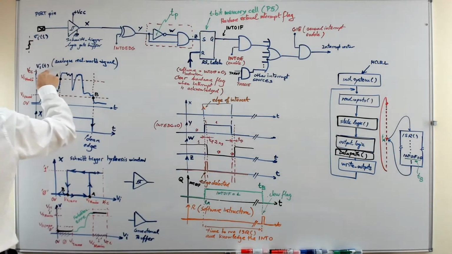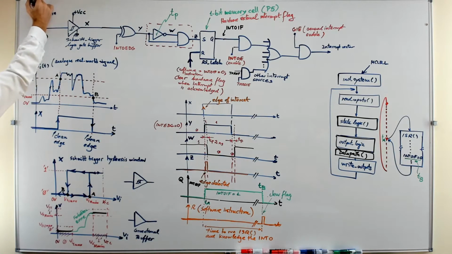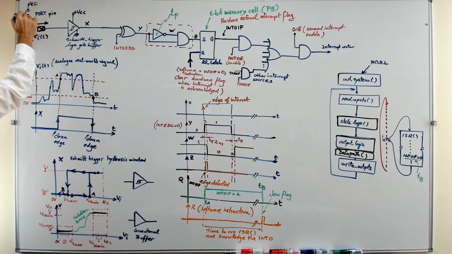This way. And this signal, if it's, for example, from an external push button, is going to look like this. You have the VCC, then you have the push button, and you have a resistor to ground at this node.